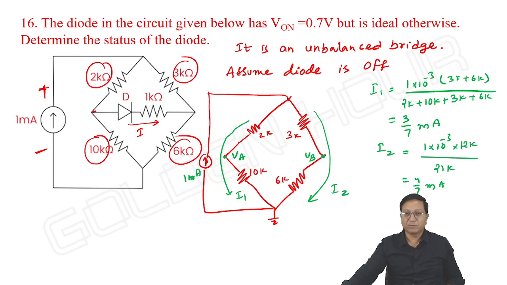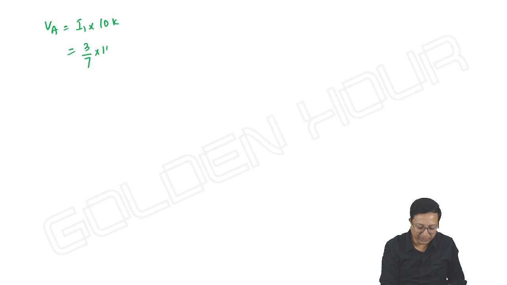What about VA? VA is equal to I1 into 10K. I1 into 10K gives us VA, and I2 into 6K gives us VB. 3 by 7 milli and kilo cancel, 30 by 7.